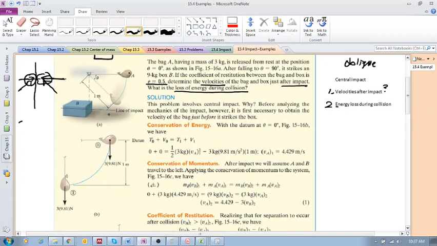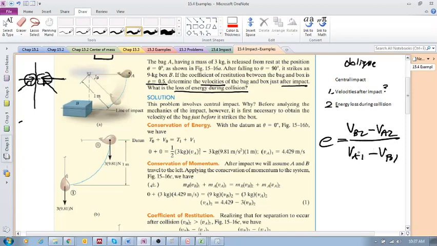So what do we need to do? What are the velocities after impact? Well, I can just use my coefficient of restitution, VB2 minus VA2 over VA1 minus VB1.